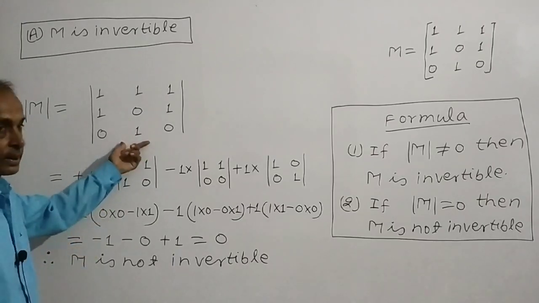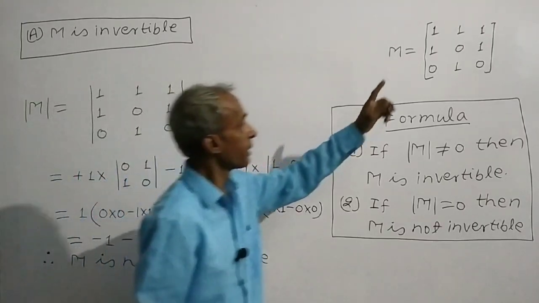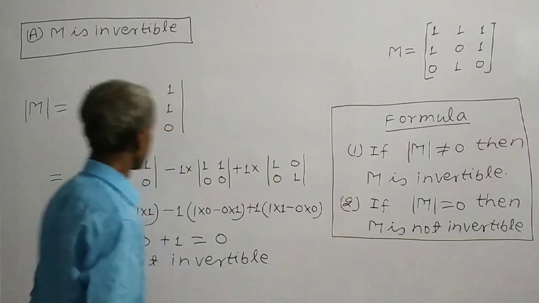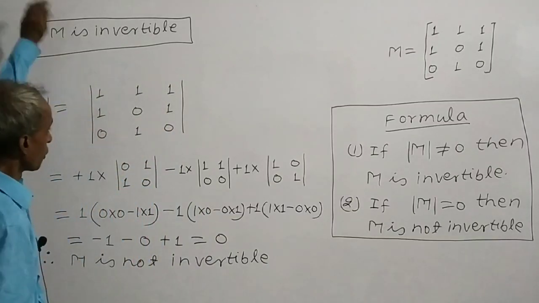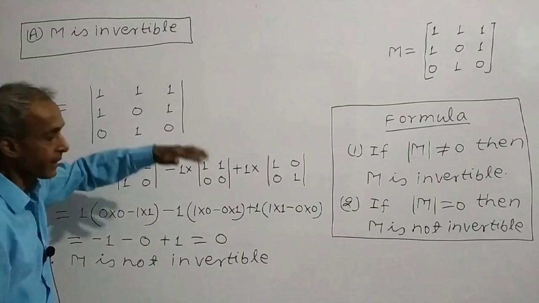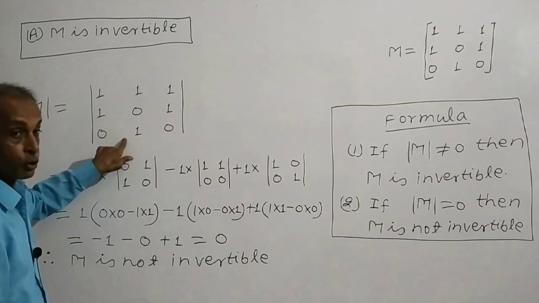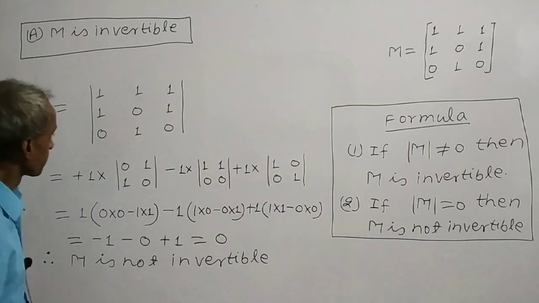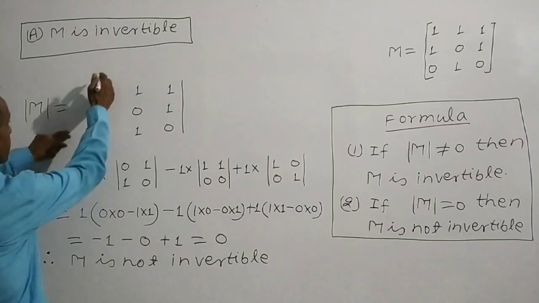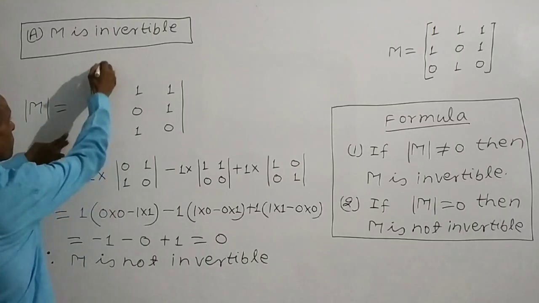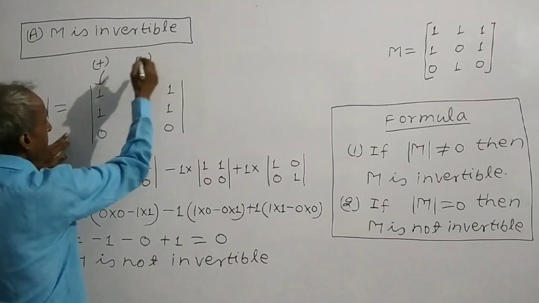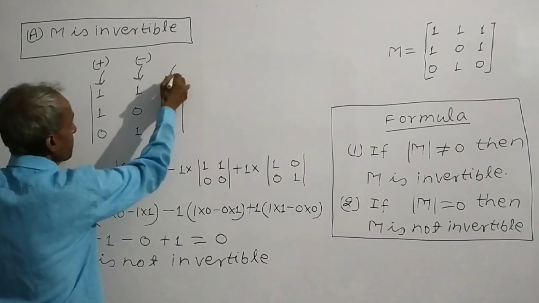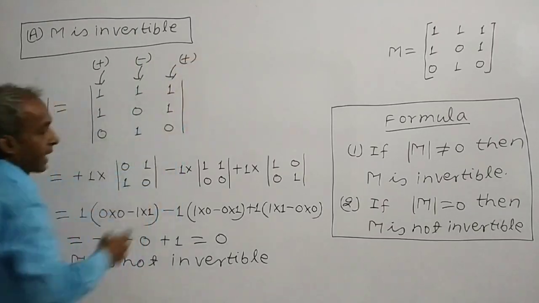Then this is the determinant of matrix M. Now we will have to expand this determinant to find its value. At this position, we write a plus sign. At this position, we write a minus sign. At this position, we write a plus sign.